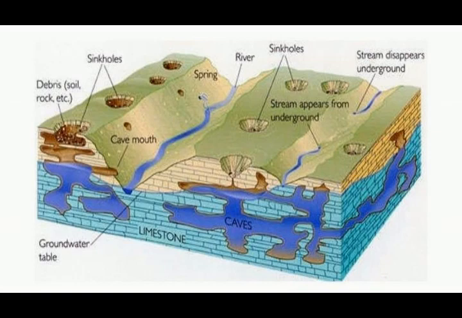But most likely it's a resurgent stream right here, because the water which was up here disappeared in the sinkhole here and re-emerged right here. And between the point where it sinks beneath the surface and re-emerges, you have an area void of water known as a dry valley.